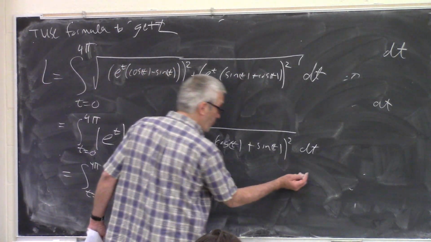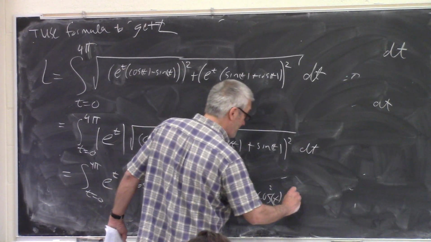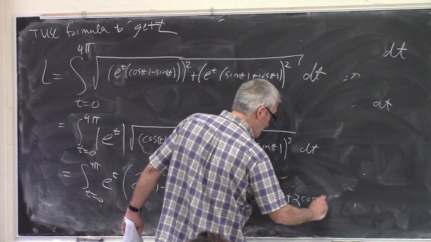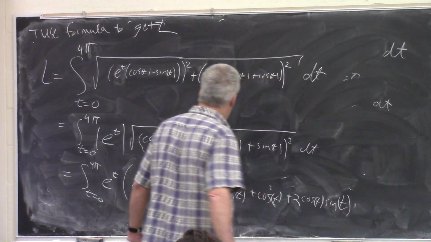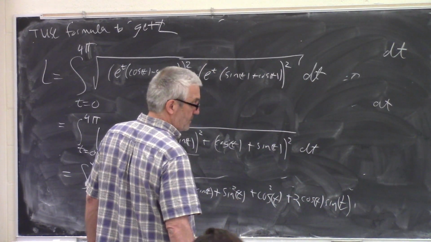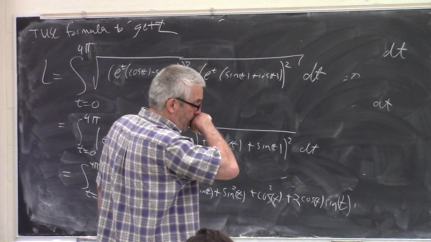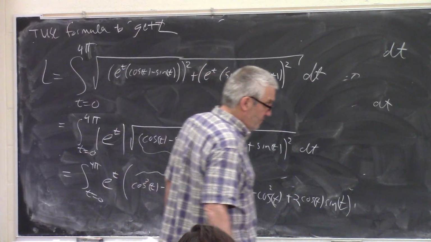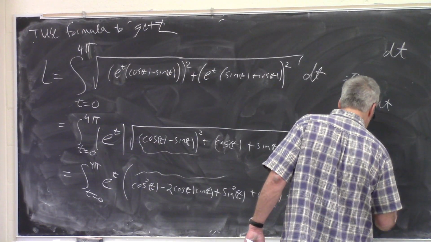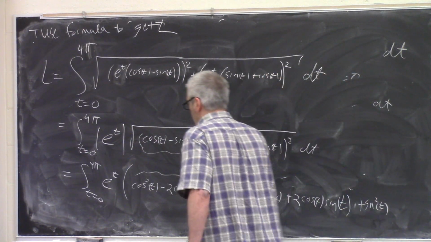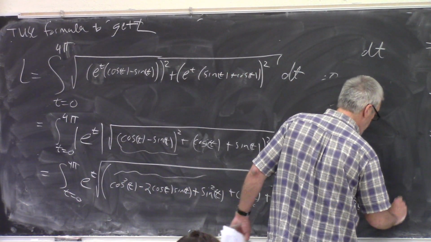We're going to have a cos t squared, and then a plus 2 cos t sine t, and then a plus sine squared t. And that's all going to be under the square root. And there's going to be a dt.